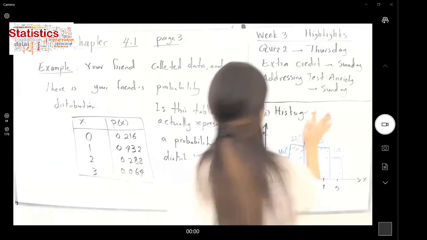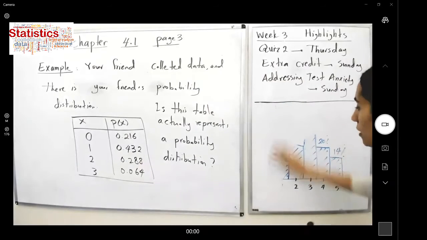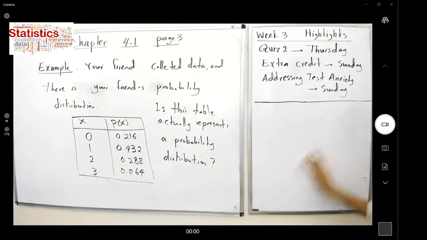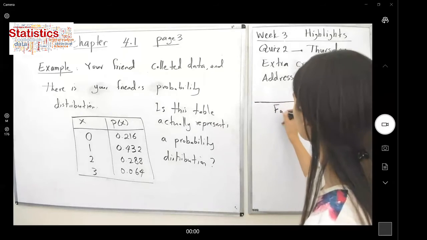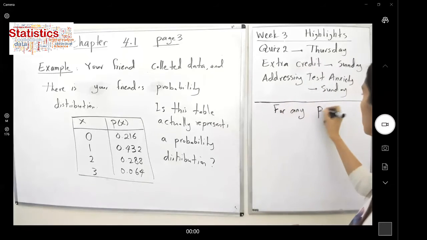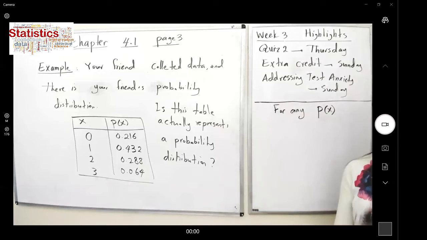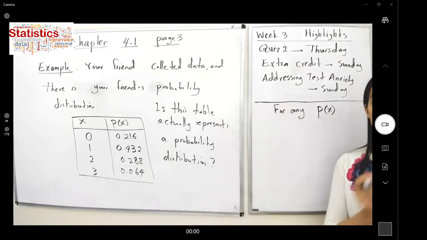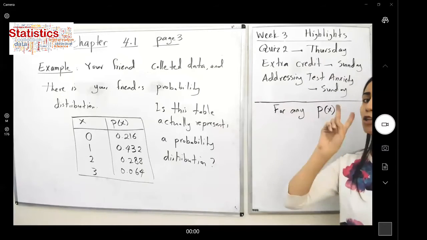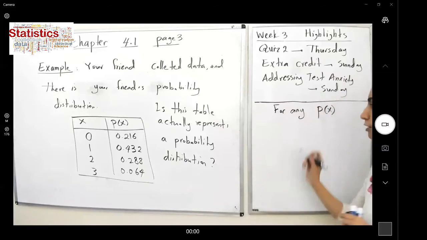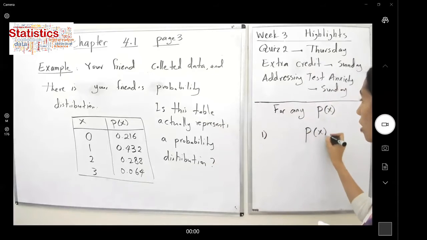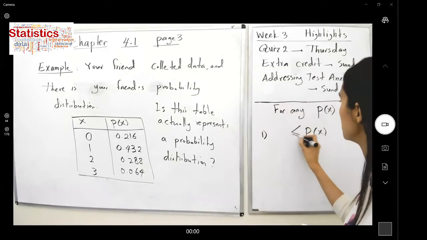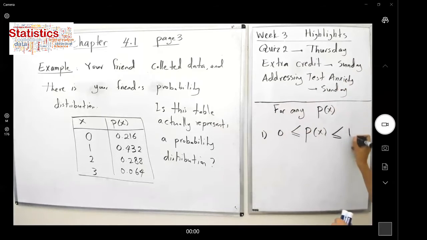Recall that when we define a probability distribution, we mention 2 conditions for any probability of random variable x. If x is discrete, it must satisfy 2 conditions. The first condition is p of x for each of the x values must be between 0 and 1.